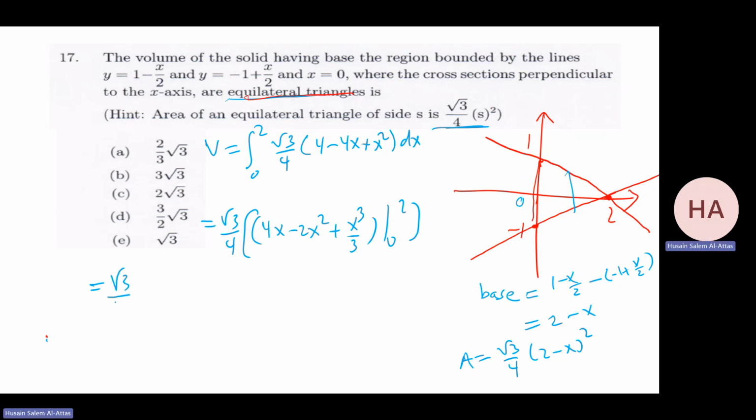That gives me square root 3 over 4 of what? 8 minus 8 plus 8 over 3. That gives me what? This is cancelled. 8 with 4 go 2. That will be 2 square root 3 over 3, which is this one.